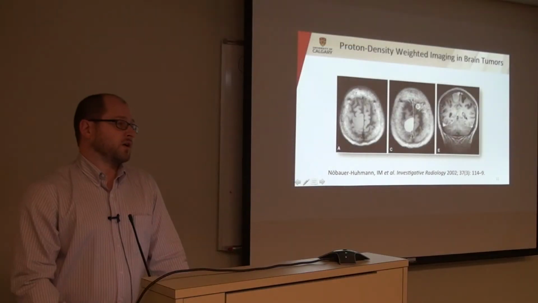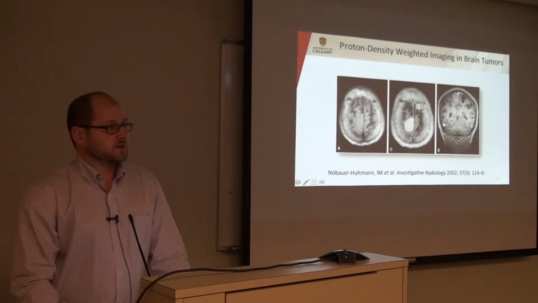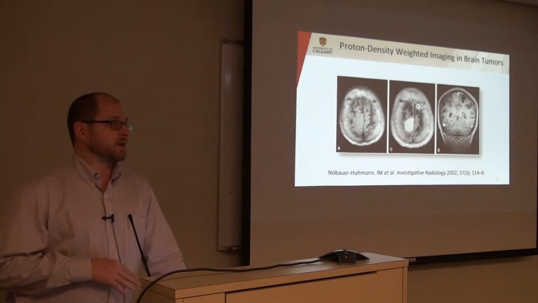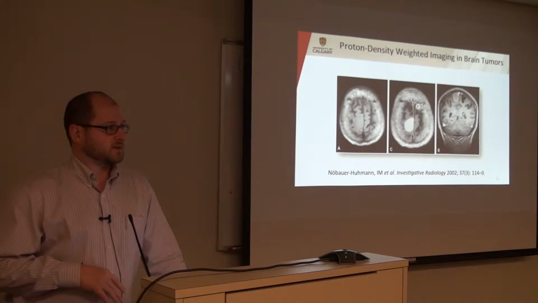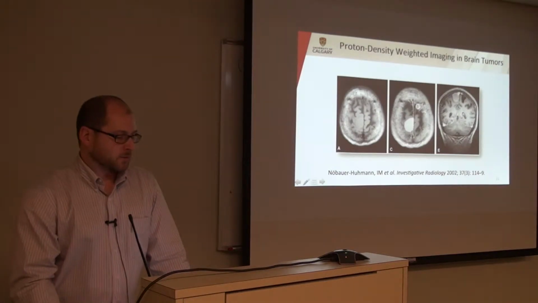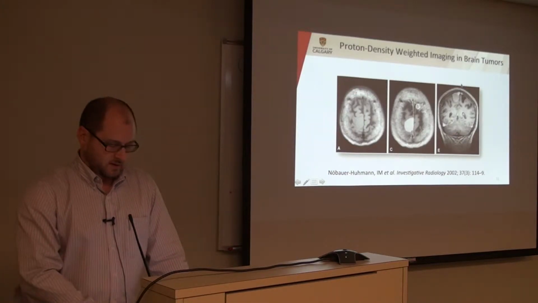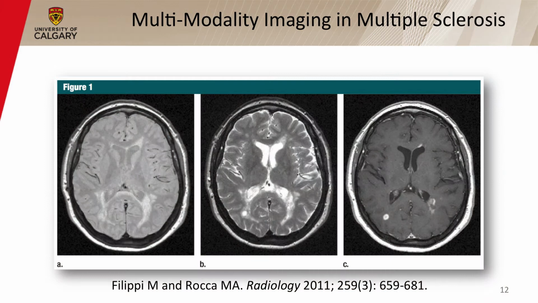Remember, this is a long TR and a short TE, so that we've mitigated any T1 relaxation effects or T2 relaxation effects. And so we can see here the drastic difference in this proton density weighted image in brain tumors.